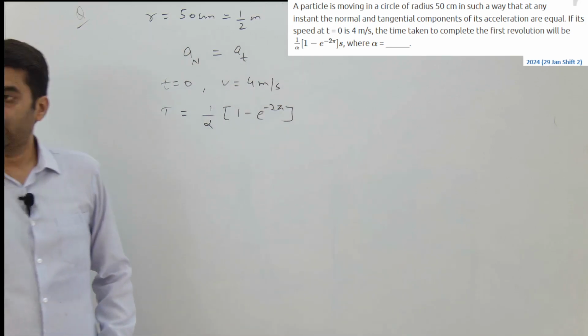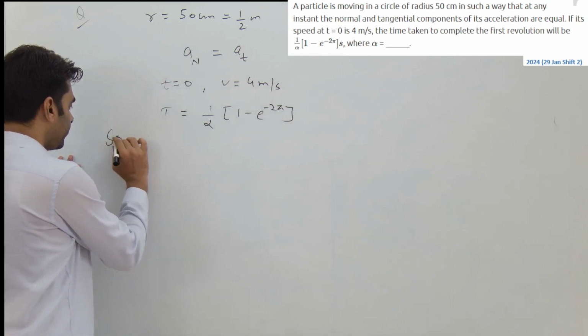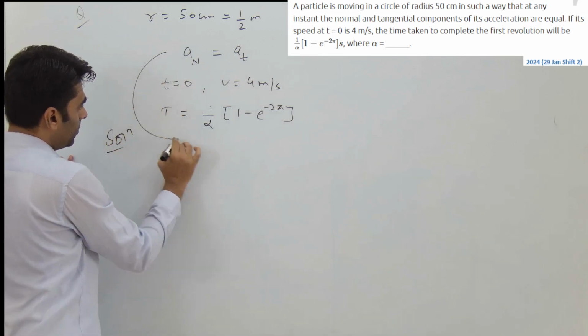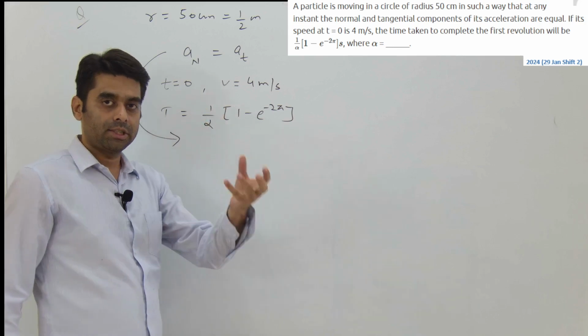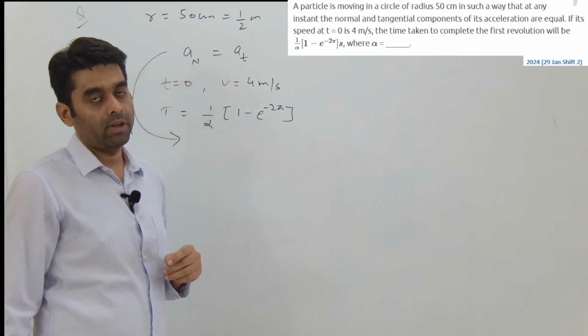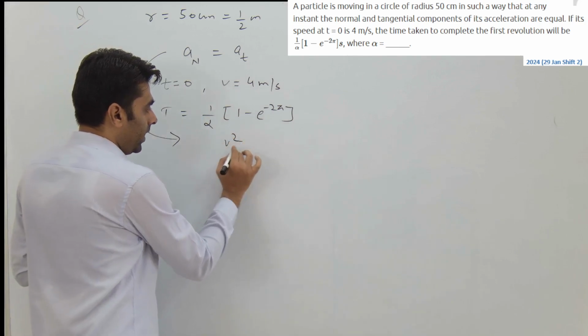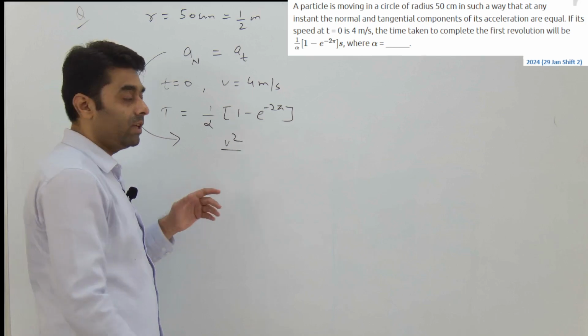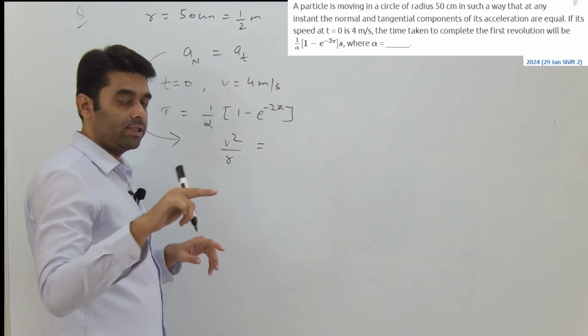Interesting question. Observe what we are doing. The condition given to us is that centripetal acceleration, that is normal acceleration, and tangential acceleration are equal in magnitude. Normal acceleration can be written as v square by r, which equals tangential acceleration.